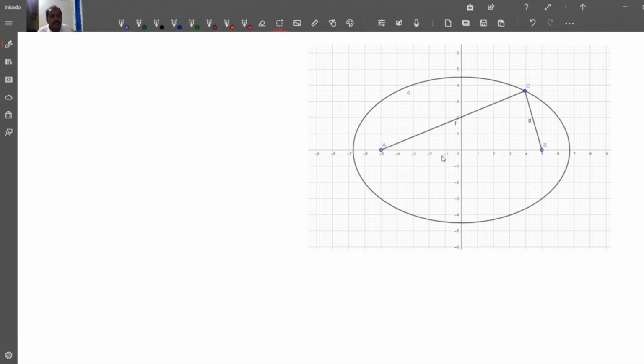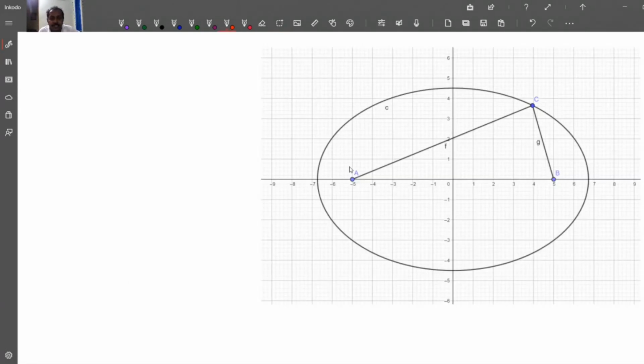Now usually the ellipse with center at the origin and focal axis the x-axis is treated as an ellipse in standard position, and let us derive the equation of this ellipse. Consider this to be the focus F1, which is (-c, 0), and this is the focus F2, which is (c, 0), and the point P is taken as (x, y).